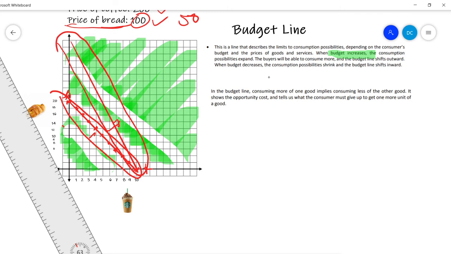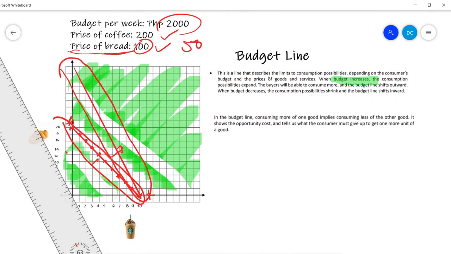Kasi nga, nadoble yung kakayanan nating bumili ng bread dahil nagmura ng 50% ang presyo ng bread. So, again, remember that if there's a price change for the product, magbabago din yung budget line. It can rotate the budget line upward.